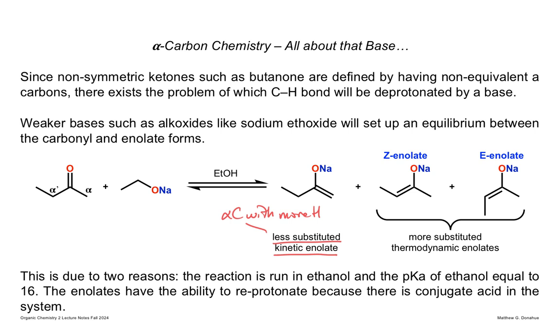The thermodynamic enolate is more substituted, and that comes from the alpha carbon that has the least amount of hydrogens. So as we progress through this slide deck, this module, what we want to think about is, can we use different solvents and different bases to favor one of those specifically?